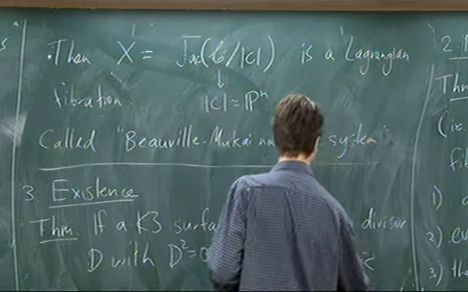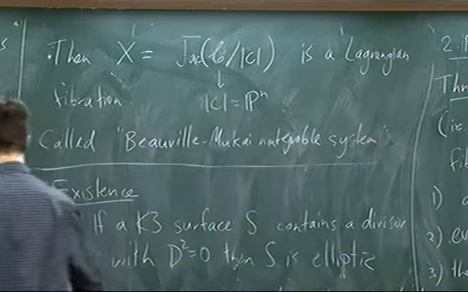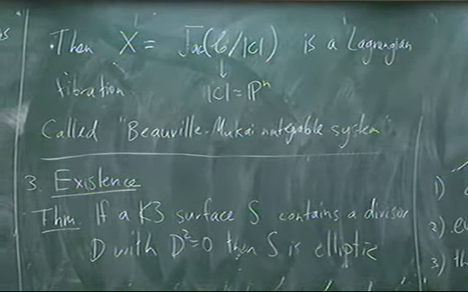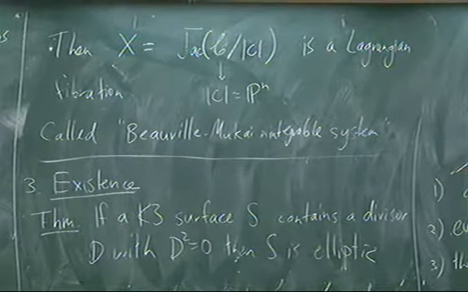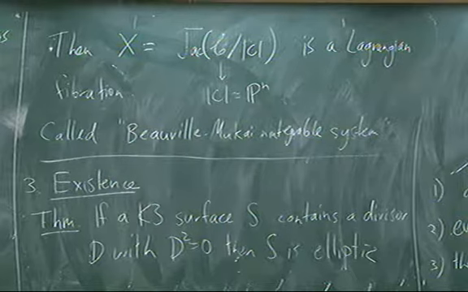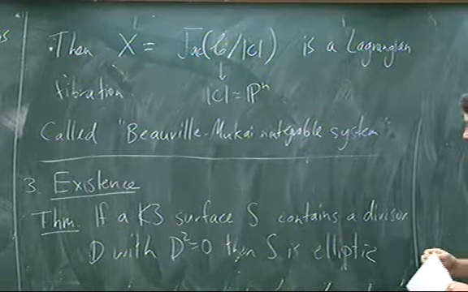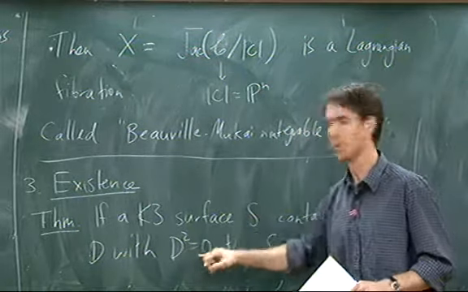So then S is a fibration over P1 with generic fiber an elliptic curve. I mean, the converse of this is clear, because if you have an elliptic fibration, then if I take a fiber of that, that will be a divisor on S with square 0.